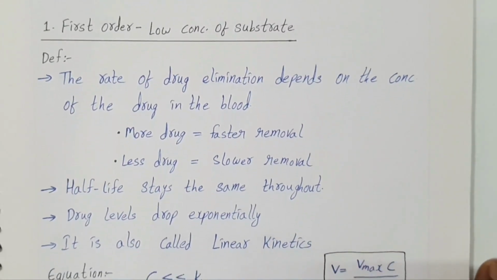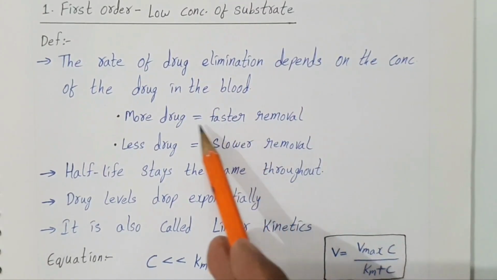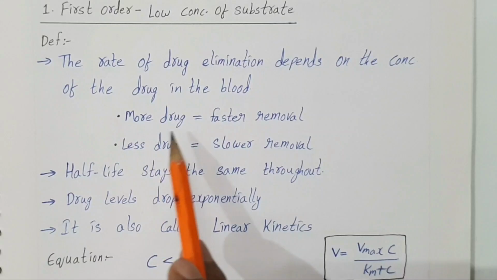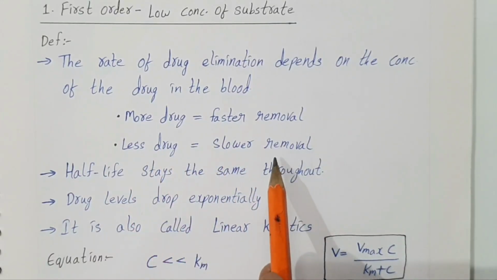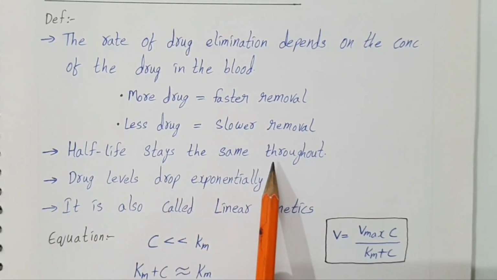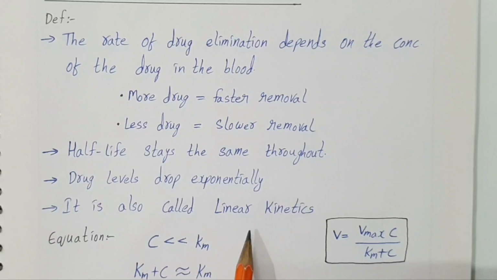That means the higher the concentration, the faster it gets eliminated. More drug, faster removal, less drug, slower removal. And drug goes down exponentially, half-life stays constant, and it is also called linear kinetics.